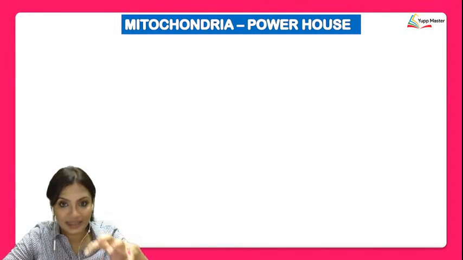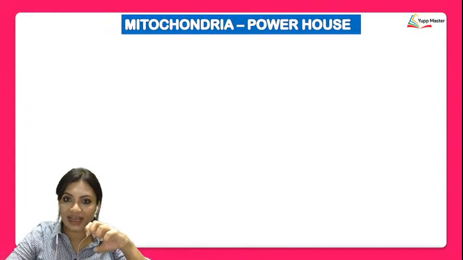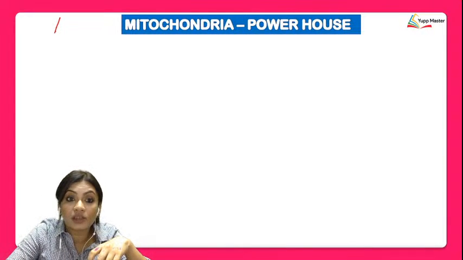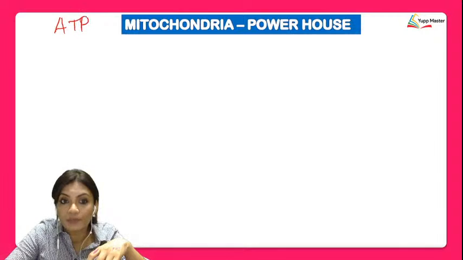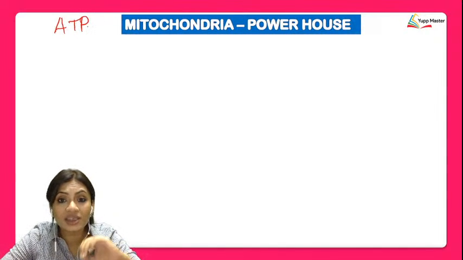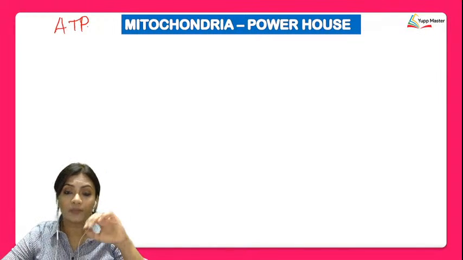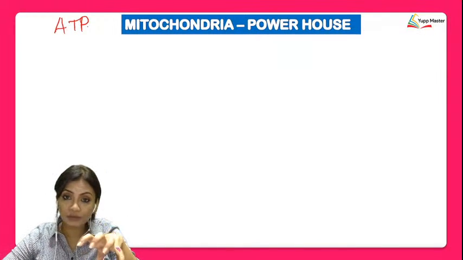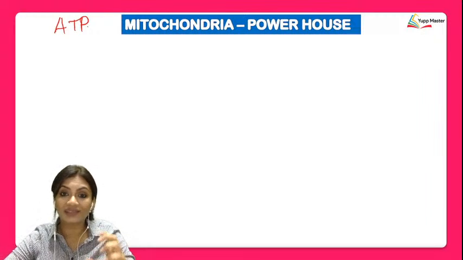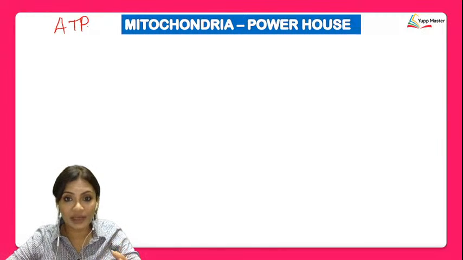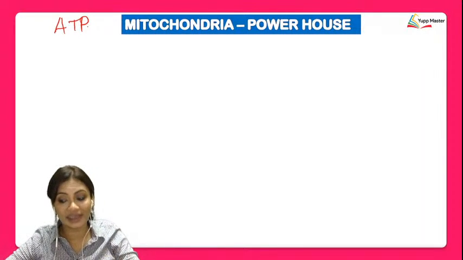Because this is that cell organelle where there is actually going to be the production of ATP. What is ATP? Adenosine triphosphate. This is actually the form of energy which is made throughout the body in each and every cell, and this is the reason why we are able to perform all of our daily activities.